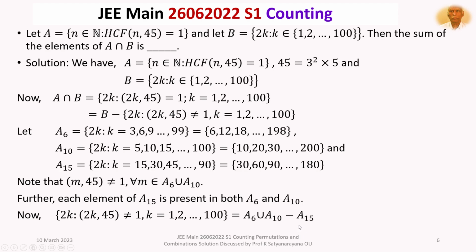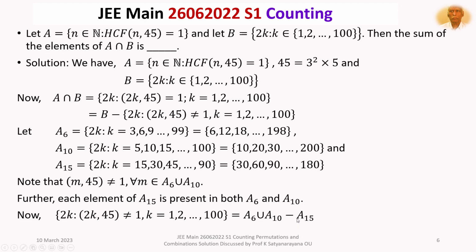That means the elements of A15 are enumerated both in A6 and A10. But in an enumeration, you have to enumerate only once. Therefore, the one-time enumeration is an excess in this case.